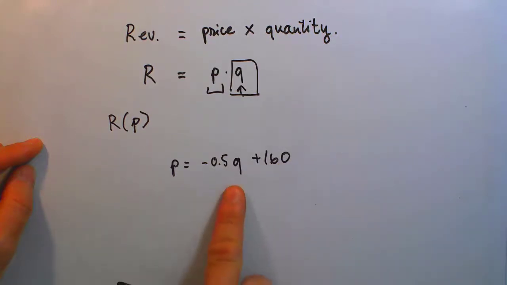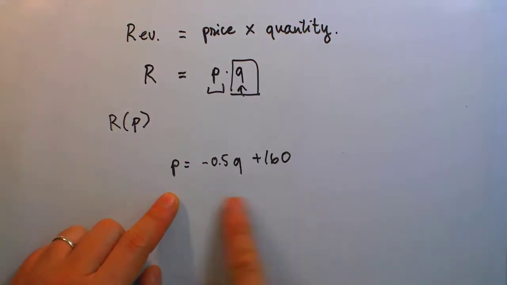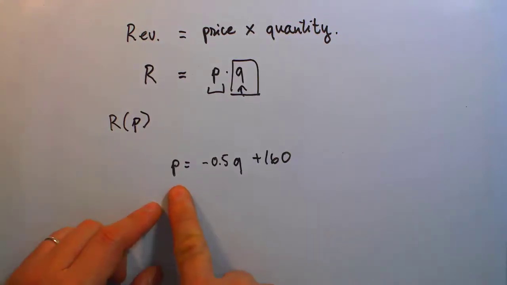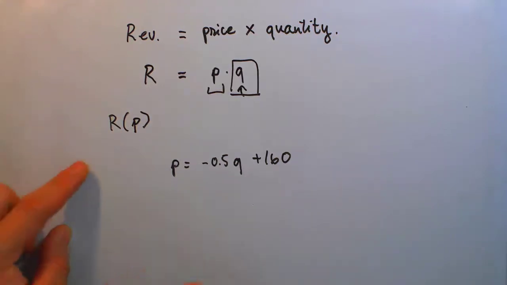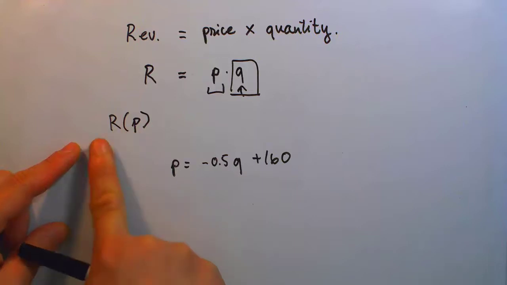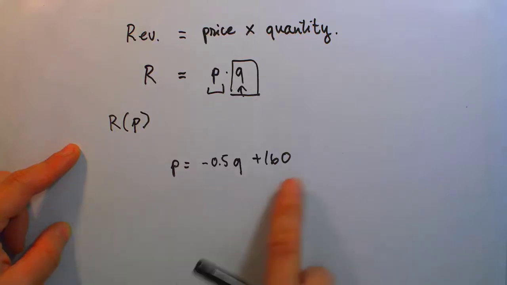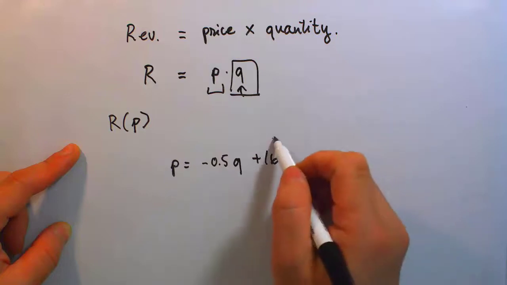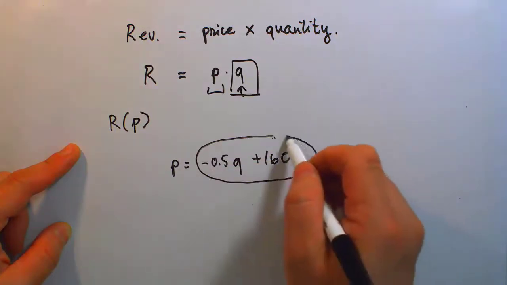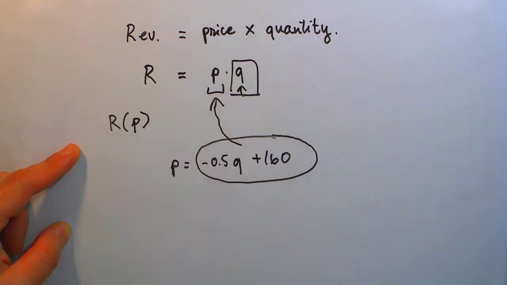This is the traditional way of how we write a demand equation, price as a function of Q. But unfortunately, remind yourself that we need to write our function R as a function of P. If we substitute this directly into our P times Q, we can only substitute negative 0.5 Q plus 160 in place of the P variable, which is not what we're looking at.